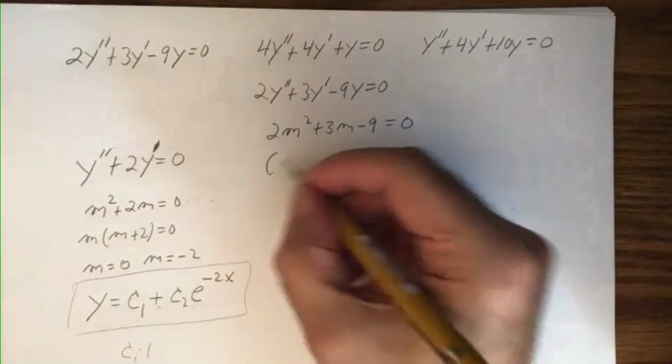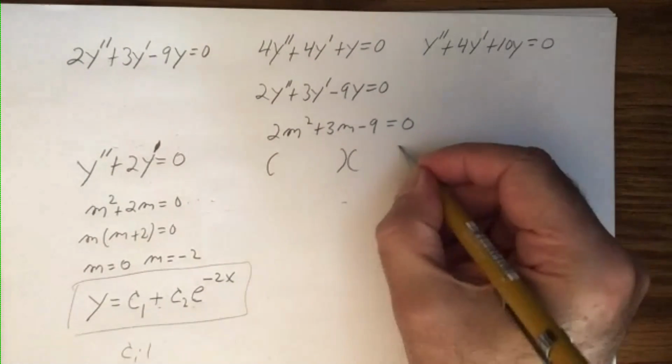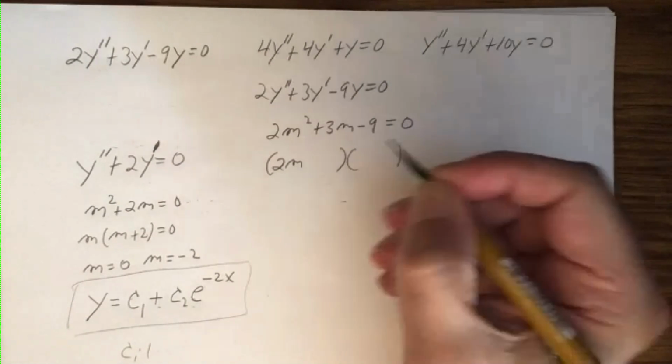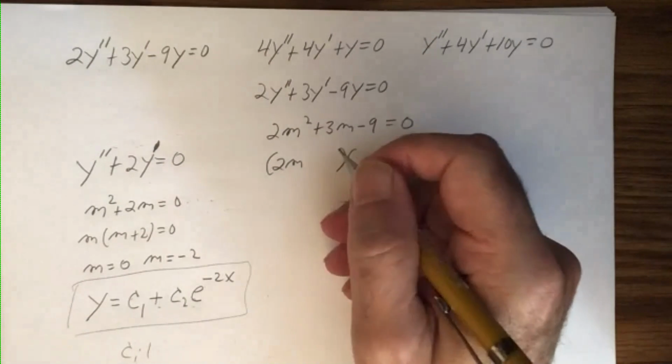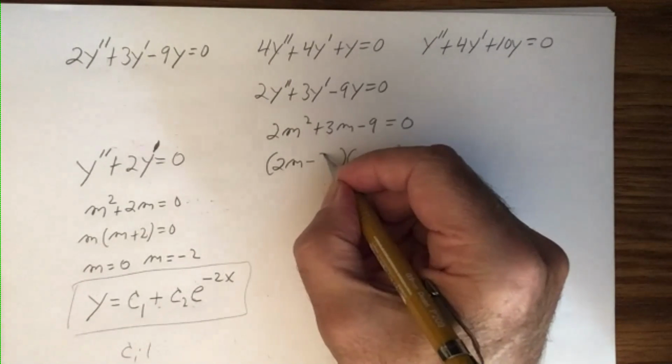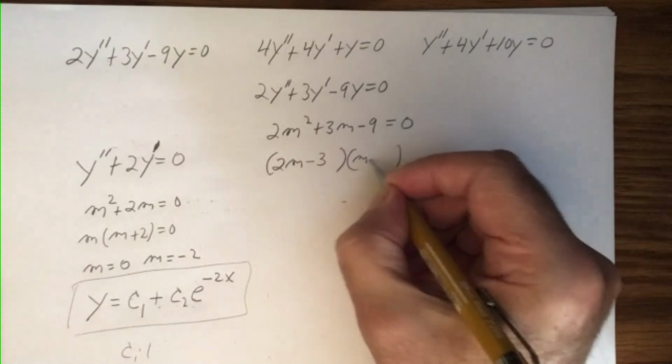So I could factor this into 2m minus 3, and I need that 3m there, and plus m, plus 3.